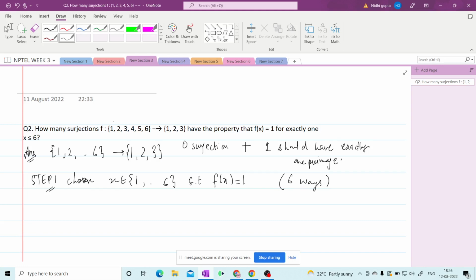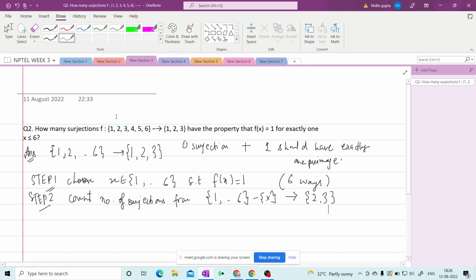Now step 2: once we have chosen this, the function should be surjective. Since 1 has exactly one pre-image, step 2 is to count the number of surjections from 1 till 6 minus the pre-image of 1, which is x, to 2, 3, because no other element can take the value 1.